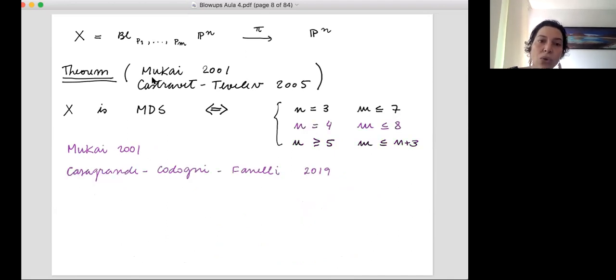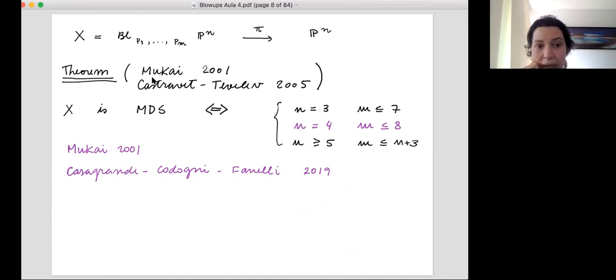And then also you can look at when you have n equals 4, then there is one more possibility. So for any value of n, you can blow up n+3 points and get a Mori dream space. But if you take n equals 4, you can blow up one more point. So n+3 would be 7, and then you can blow up one more point and get another Mori dream space.